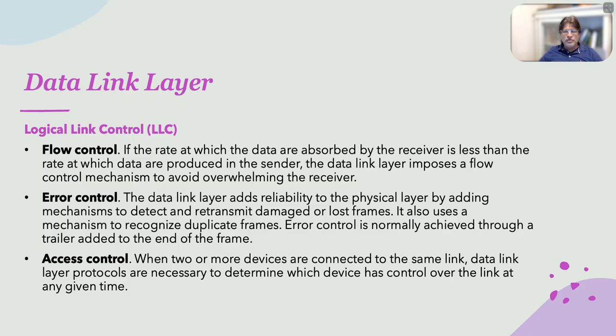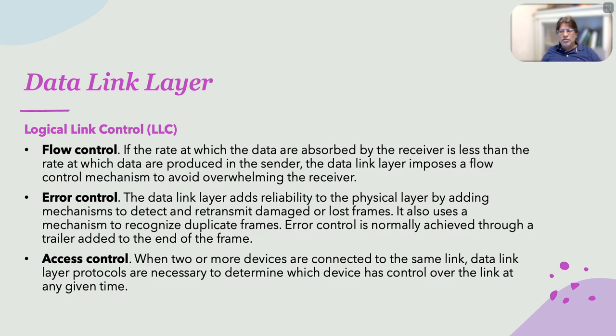In terms of flow control, if the rate at which the data are absorbed by the receiver is less than the rate at which the data are produced by the sender, the data link layer imposes a flow control mechanism to avoid overwhelming the receiver. So if the receiver is unable to process that information, it will impose a flow control mechanism to say, hey, wait up, slow down, please. I cannot process all this data. Can you slow down and send these frames slowly, right?